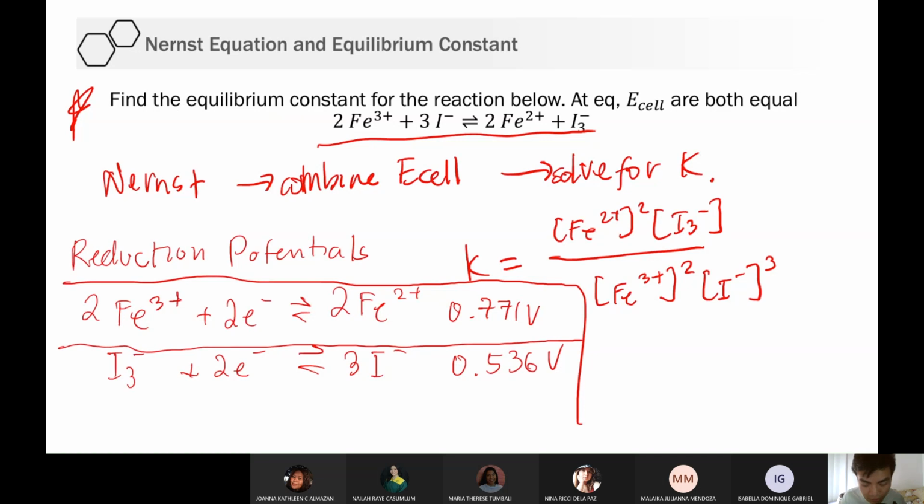Kaya, ayan na yung reduction potential nila. Okay. So, use this E-NOT cell. So, ito yung mga E-NOT cell nila. Yan yung gagamitin mo sa Nernst equation. Okay. And you need to use this when writing Q, no? Okay. So, yan. Aqueous, aqueous. This is charge. And aqueous and aqueous. Okay, so I will leave this to you to practice, no? So please take note na lang, and I will upload the answer by weekends.